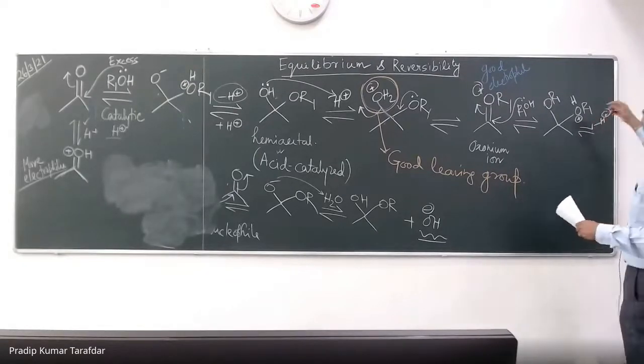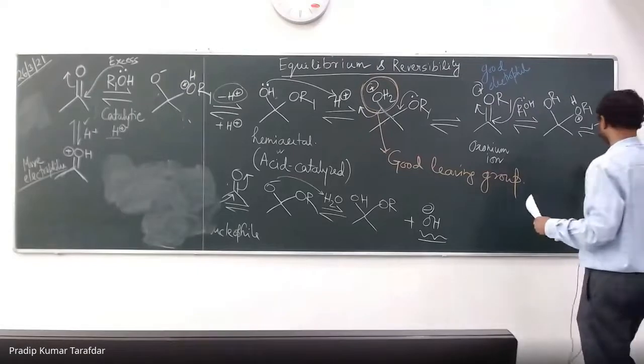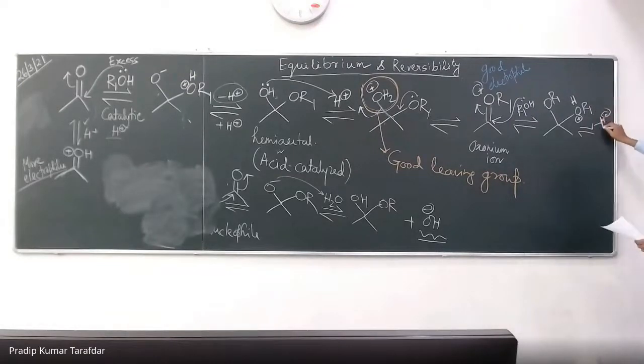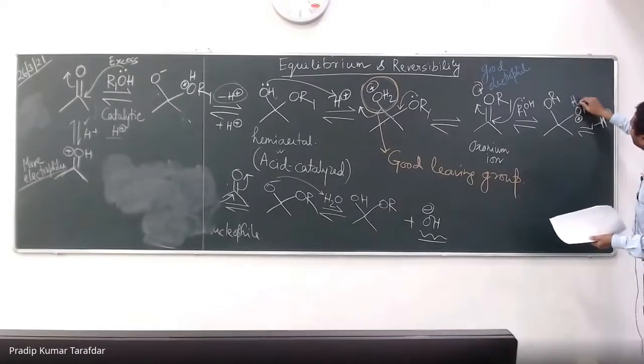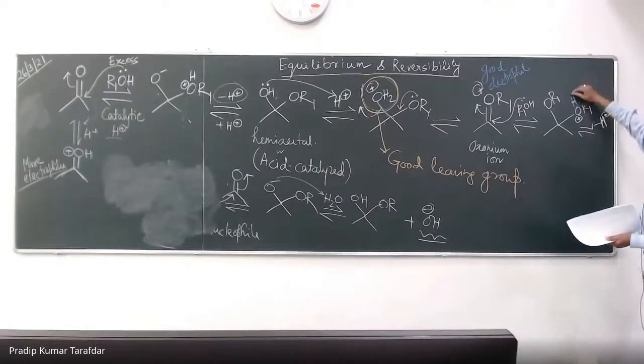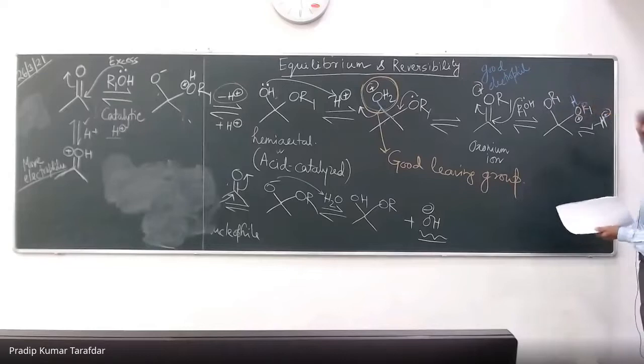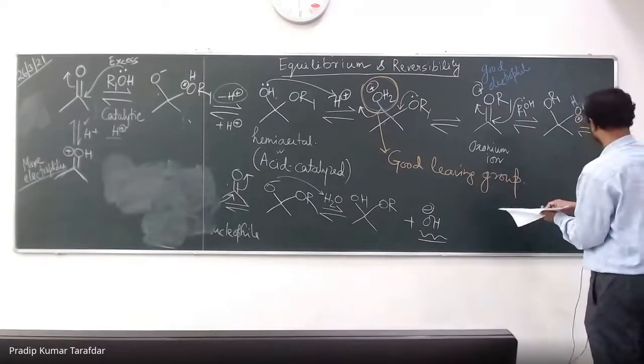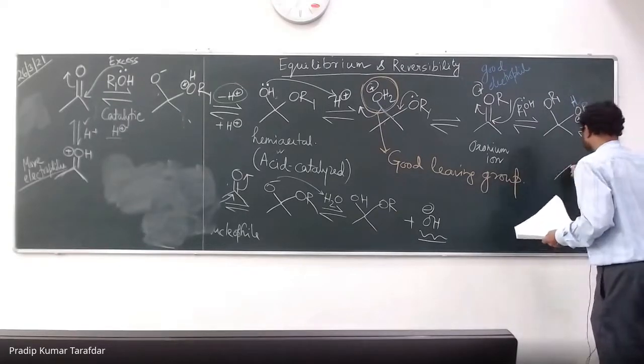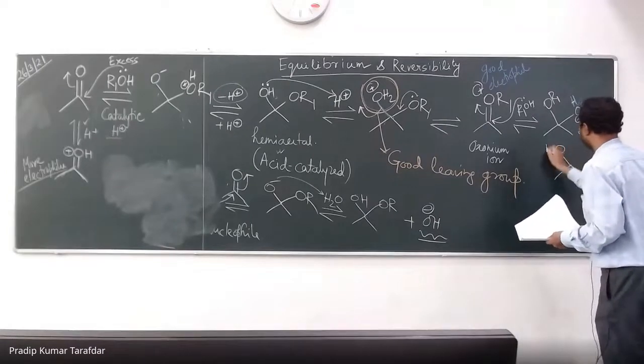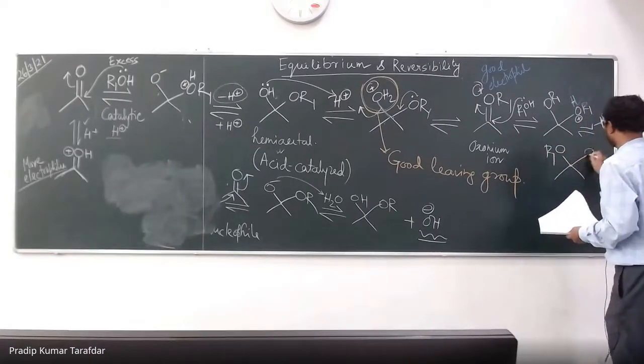And if it is minus H plus, then what should I get? This H plus will be removed. Water can abstract it, and you know the mechanism. So what I should get is this type of molecule, with OR1 and OR1.